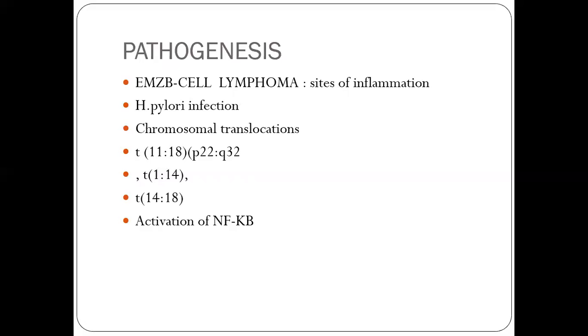And then there are certain chromosomal translocations, that is translocation 11;18 (p22;q32), translocation 1;14 and translocation 14;18. Also, there is activation of NF-kappa B.